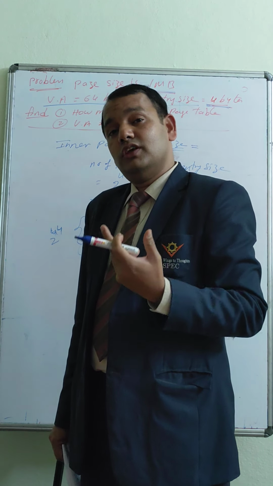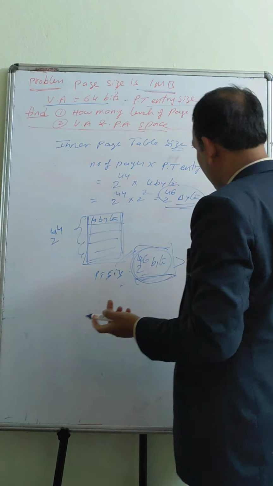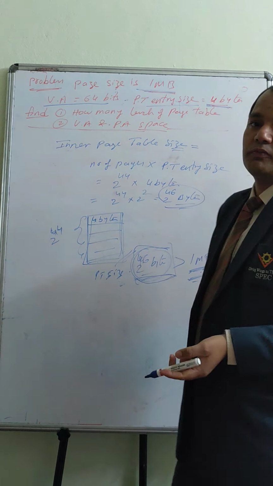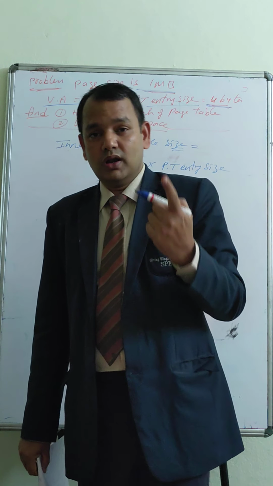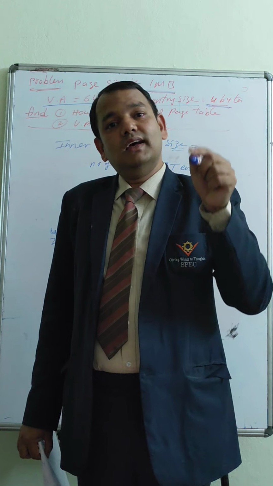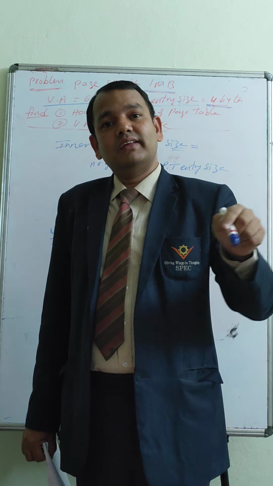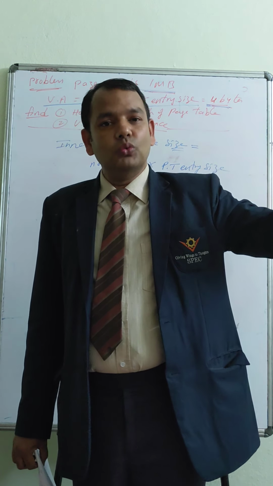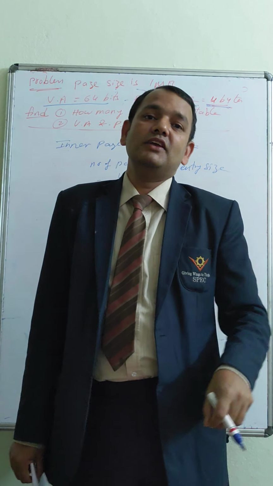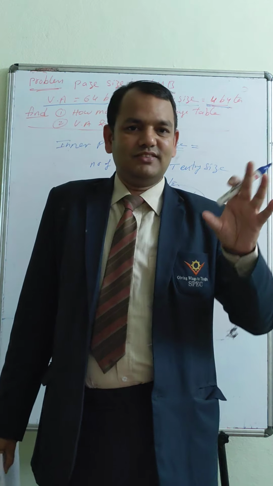If the outer page table size is greater than 1 MB, again outer page table 1 has to be divided into pages, and that index has to be stored in page table 2. Then again we need to calculate the page table 2 size.